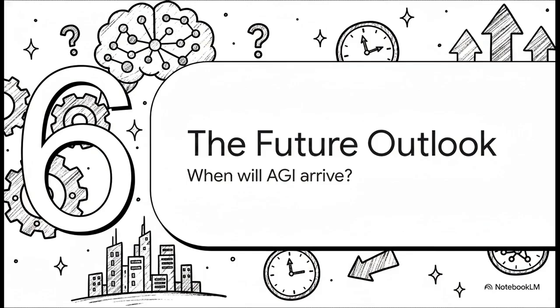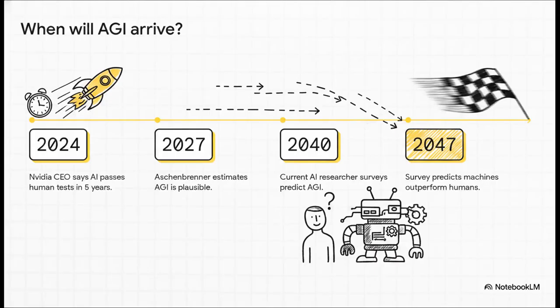Finally, we arrive at Section 6, the future outlook. The big question, when will AGI actually arrive? So the crucial point is how rapidly expert timelines have shrunk in just the last couple of years alone. I mean, historically, experts placed AGI 50, maybe even 100 years away, but not anymore. In 2024, NVIDIA's CEO Jensen Huang flat out stated that AI could pass any human test within just 5 years.